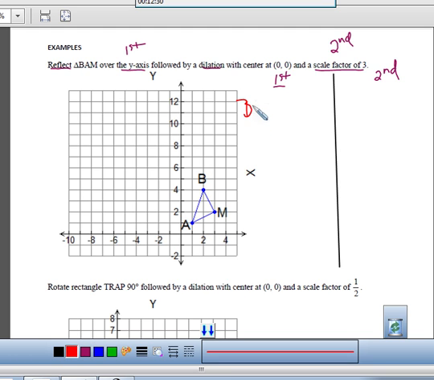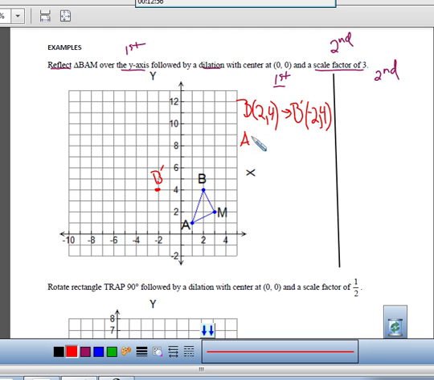So first, the coordinates of B for BAM is 2, 4. This point here is 2, 4. If I reflect it over the y-axis, B prime is right here. What are its coordinates? Negative 2, 4. Now, if you look at what happened, the x value became the opposite, the y value stayed the same.